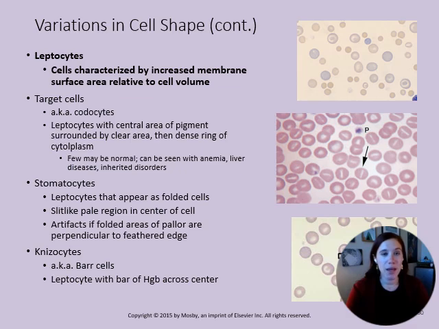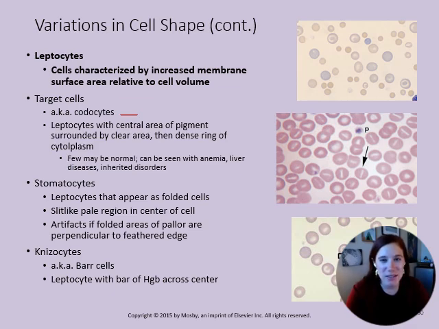Okay, we can see leptocytes. These are cells characterized by an increased membrane surface relative to the cell volume. We can see target cells, also known as podocytes. These are leptocytes with a central area of pigmentation surrounded by a clear area, then a dense ring of the cytoplasm.